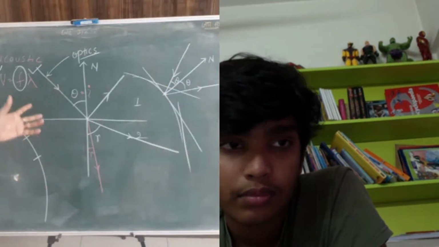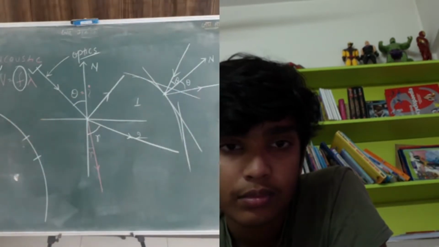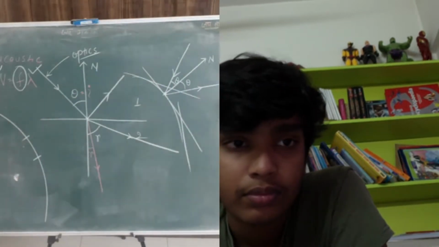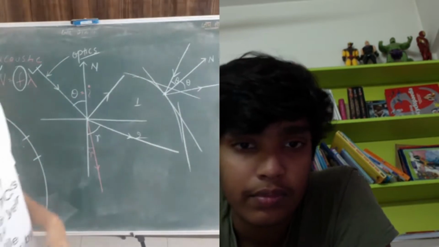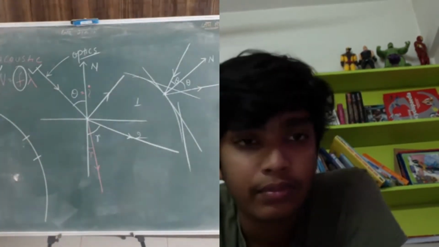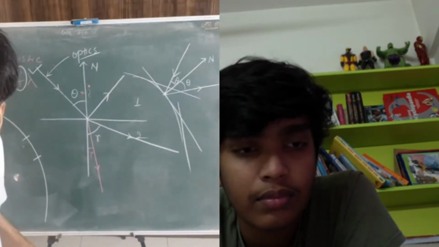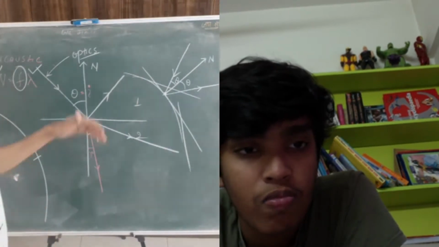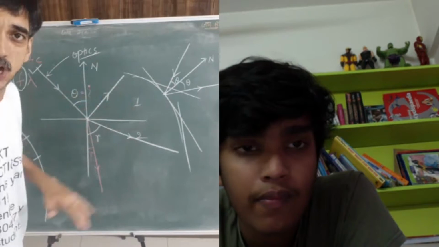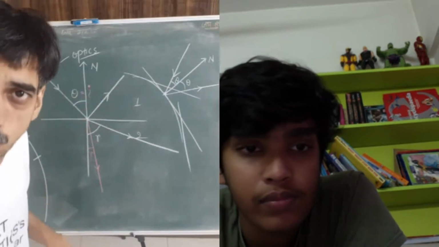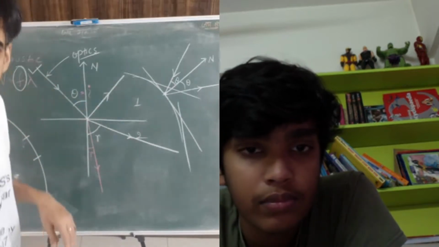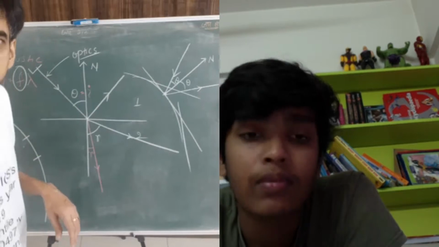Will it be akin to what is depicted on the board, or will you make a departure? It'll be the same. So if you are taking an acoustic wave, then as it moves from rarer to denser, it will move towards the normal. Clear, dear?